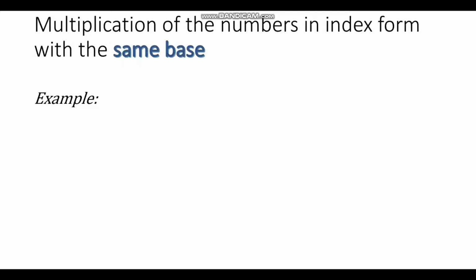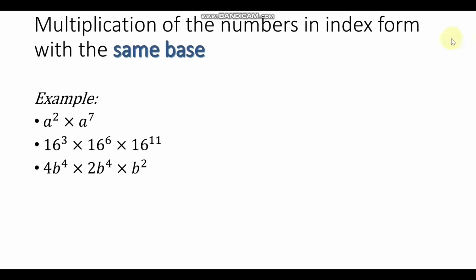For example, like this. We have the first one. The base is A. Here we have A to the power of 2 times A to the power of 7.